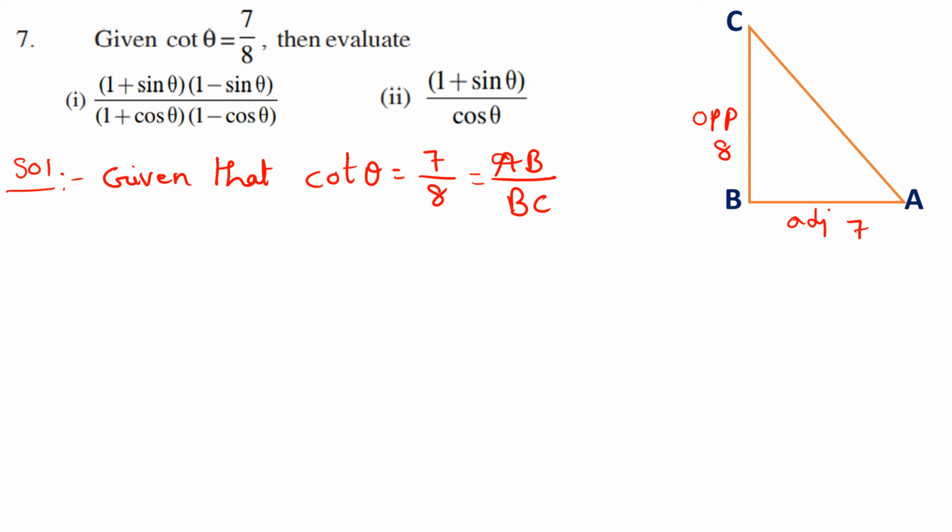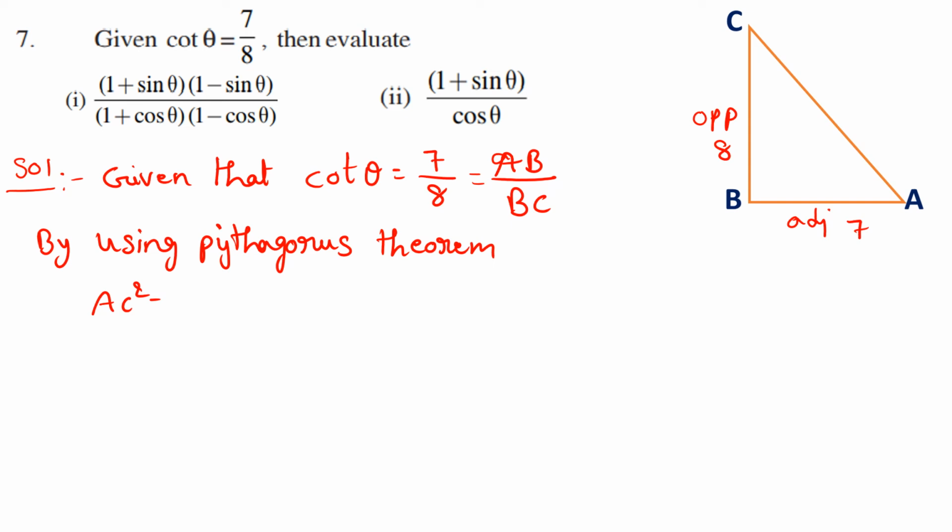Now we need to find AC, so by using the Pythagoras theorem, AC square is equal to AB square plus BC square.